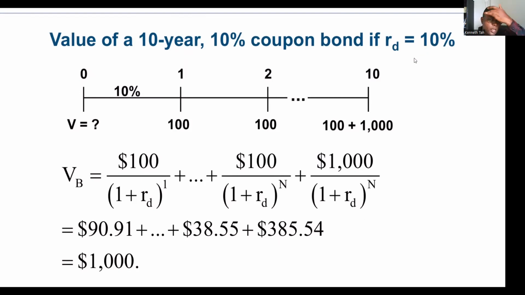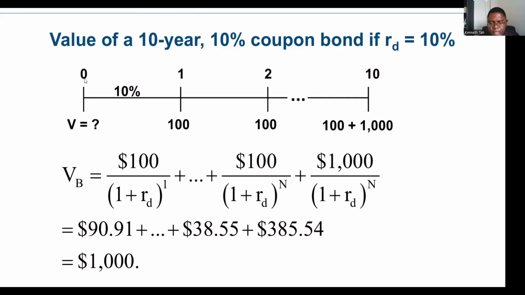So if we put this on the timeline, we can see year 0, year 1, year 2, and so on and so forth up to year 10.